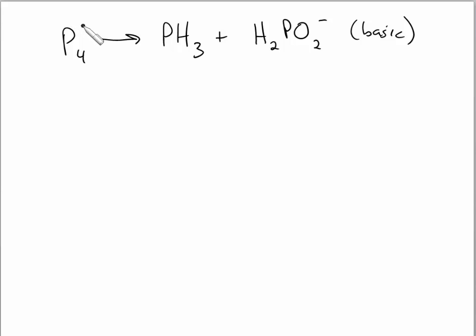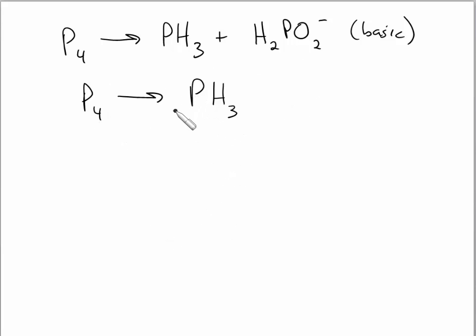There's only one reactant, so some of the P4 is going to form the PH3, and then some of the phosphorus will go to form the dihydrogen hypophosphite ion. Let's work on this one first. I'm not going to start the other half reaction here, because each half reaction is like its own individual little unit that you work with.